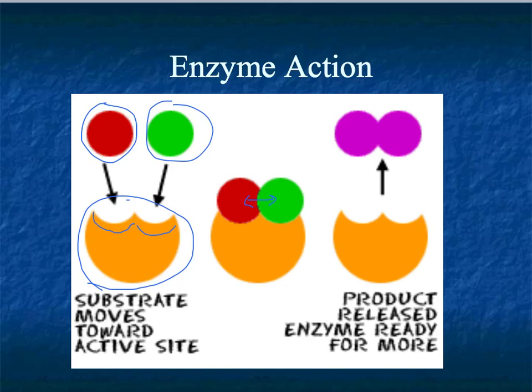And then you end up with your brand new product. When you have that product, you also have an empty or open enzyme substrate complex that can go on and continue to do the same type of work. So this is how enzymes work, in essence: they bring together the reactants so they can interact with one another.